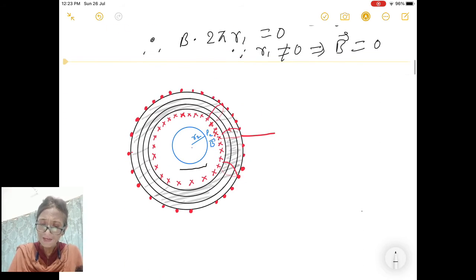Now we will find the field inside a toroid in the vacant space. Case number 2.